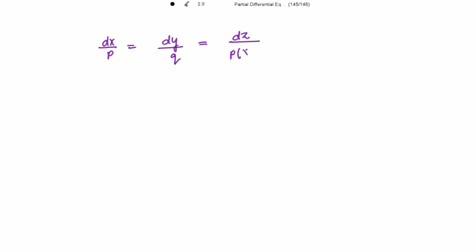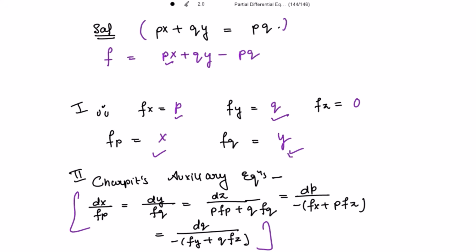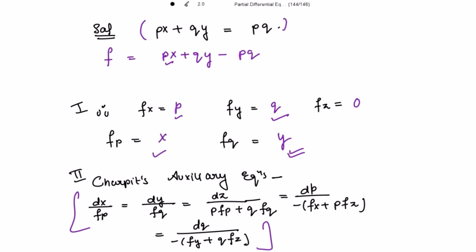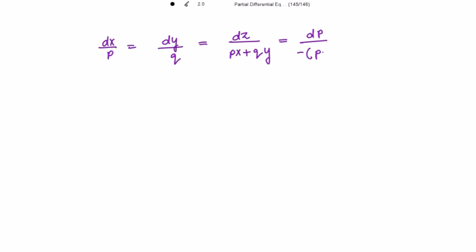So writing here x, it is px plus q into fq, and fq is y, equals to dp divided by negative of fx. fx is again p. So it is p plus p multiplied with fz. Because there is no z, fz is 0. So we have negative p only over here.